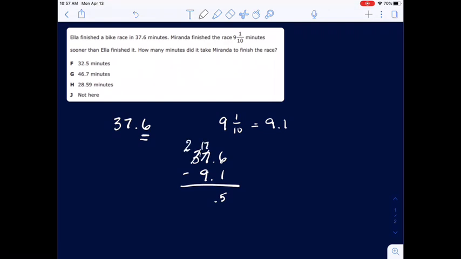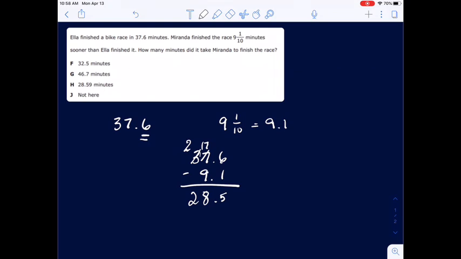And this becomes a 17. 17 minus 9 is 8. 2 minus nothing is 2. So let's go back to the problem. Ella finished the race in 37 6/10 minutes. Miranda finished sooner than her by 9 1/10 minutes. And when we subtracted, we figured out that Miranda finished the race in 28 5/10 minutes.